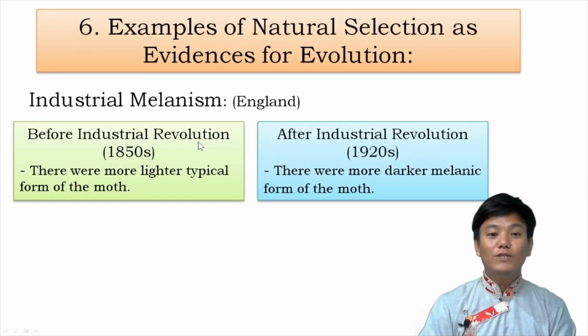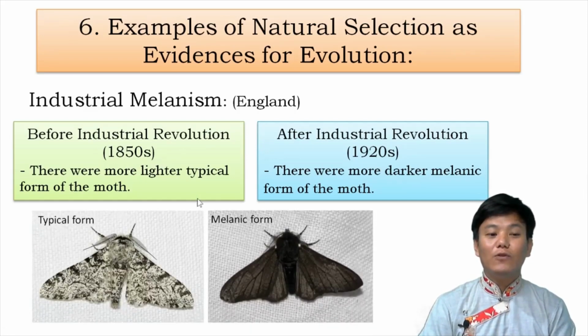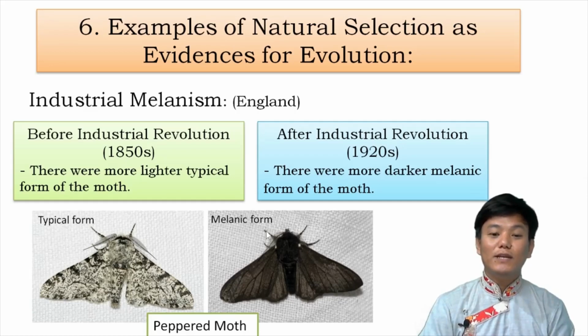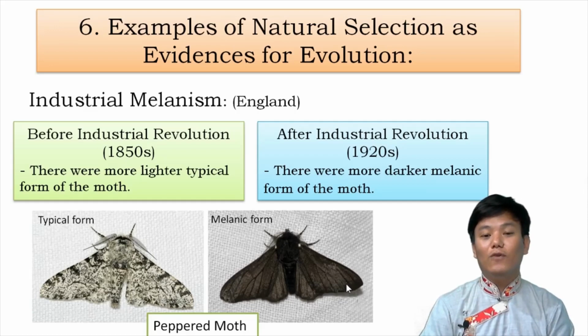Before the Industrial Revolution, in the 1850s, scientists carried out population studies on a typical moth species known as peppered moths. In peppered moths there were two varieties. One was a typical form which was lighter colored, whereas the second variety was a melanic, dark form. These are both the same species but of different color variations.